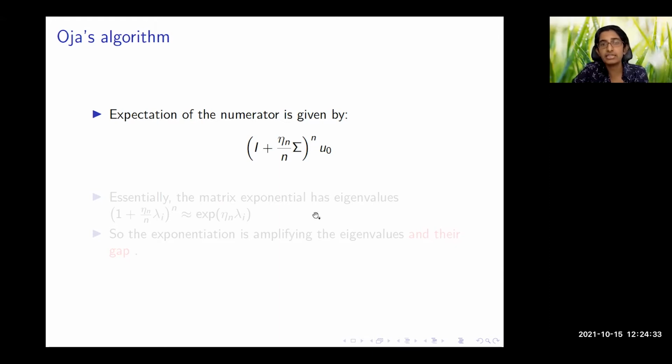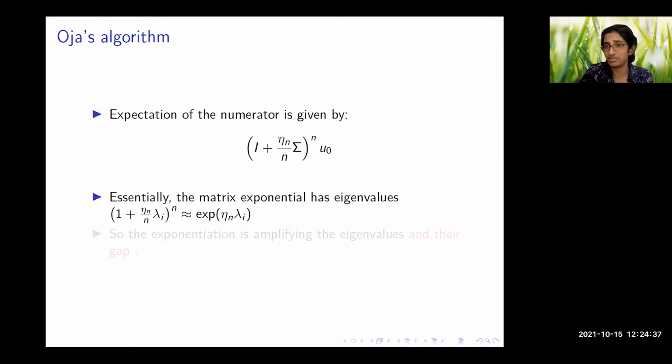And essentially the matrix exponential is just blowing up the eigenvalues if you think about it, right? It's basically taking all the eigenvalues of the original matrix and then just exponentiating them. So if your eta n was log n, for example, then we basically have something like n to the power.